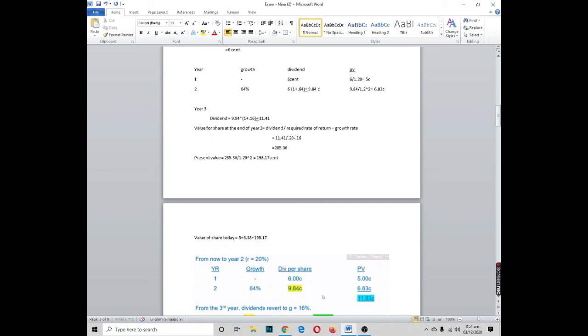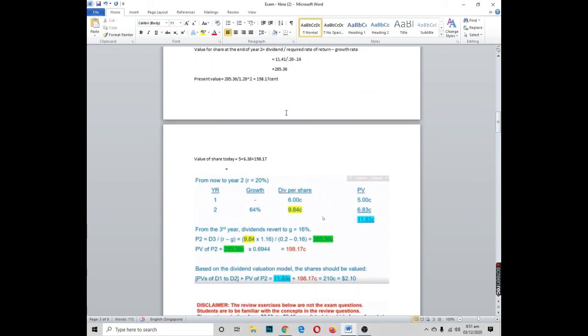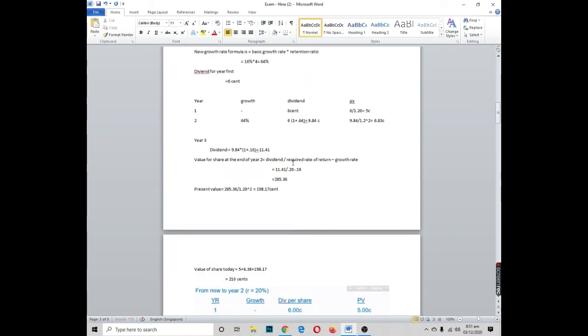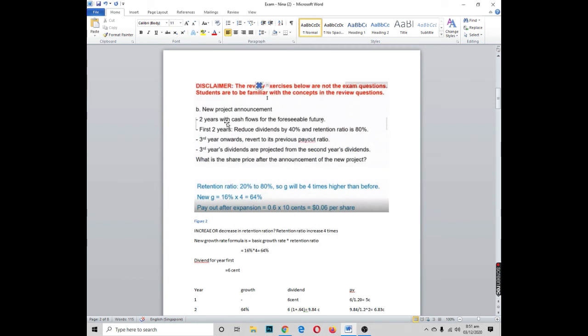So the value is equal to 210 cents. So this is the share price for today if the company announces the new project.